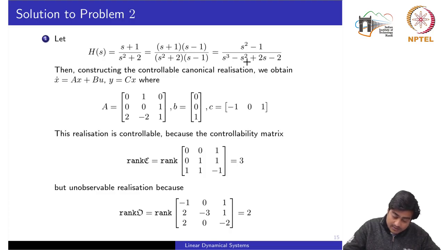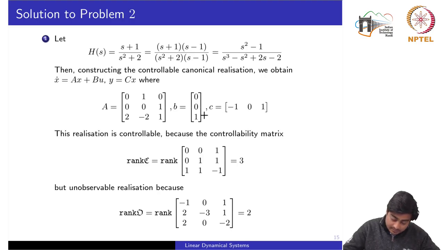Now for this transfer function we directly obtain the controllable canonical realization in the form of these A, B, C matrices, and if you compute the controllability matrix it is of full rank, but it is unobservable because the rank of the observability matrix of the pair (A, C) is only 2.